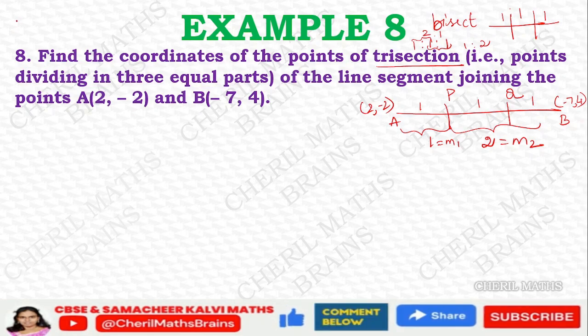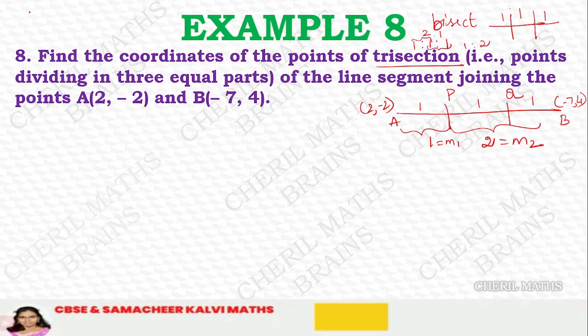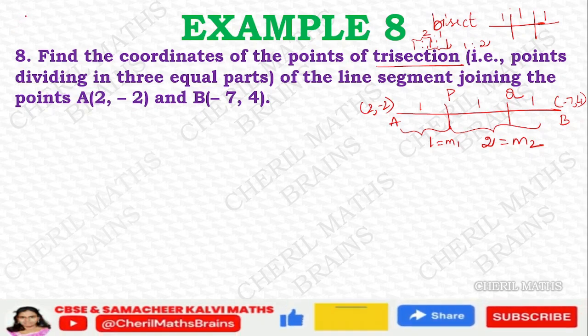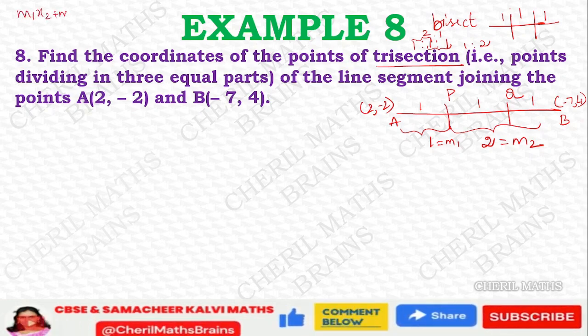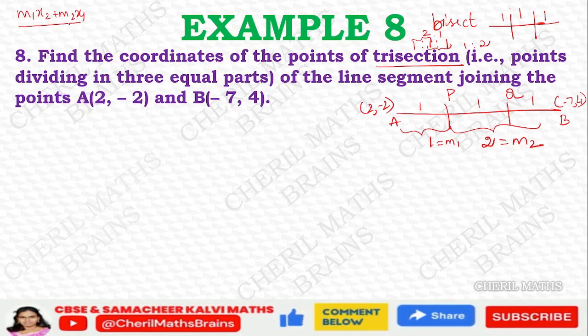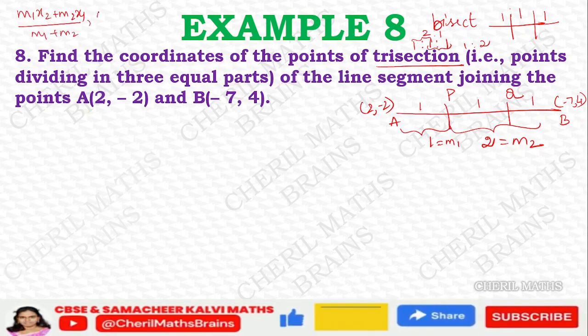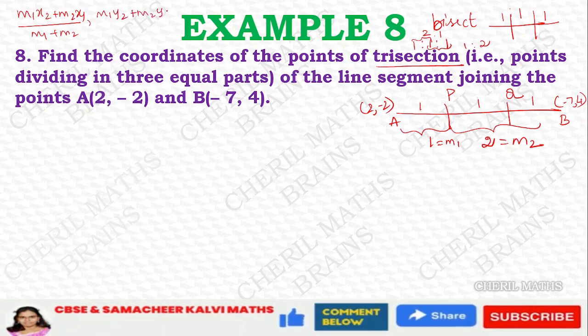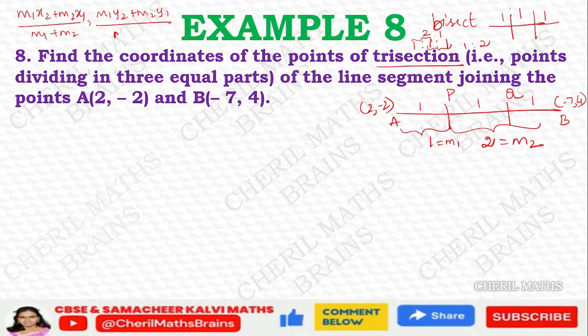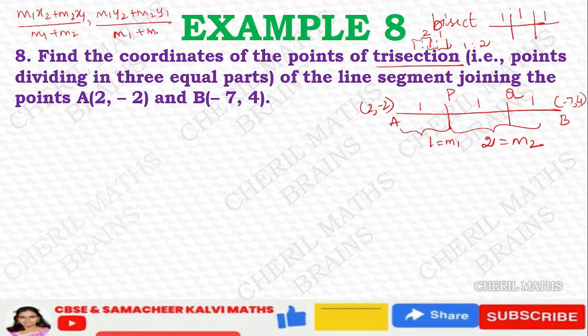So we know the section formula. What does the section formula say? It will be (M1 x2 plus M2 x1) divided by (M1 plus M2), comma (M1 y2 plus M2 y1) divided by (M1 plus M2).